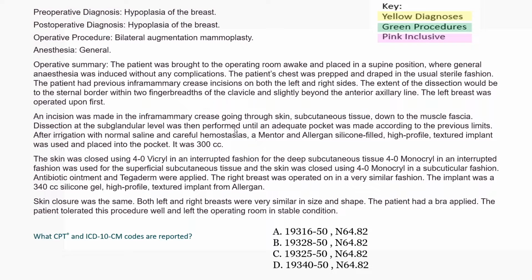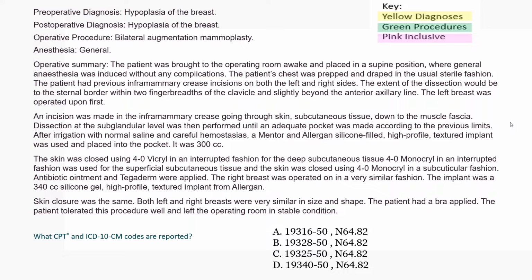It was 300 cc. The skin was closed using 4-0 Vicryl in an interrupted fashion for the deep subcutaneous tissue. 4-0 Monocryl in an interrupted fashion was used for the superficial subcutaneous tissue, and the skin was closed using 4-0 Monocryl in a subcuticular fashion. Antibiotic ointment and Tegaderm was applied.